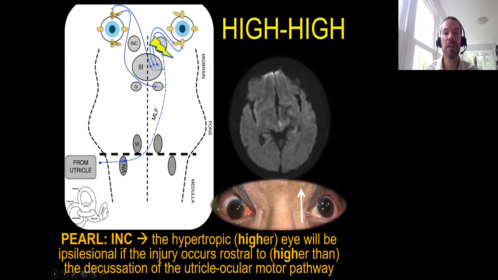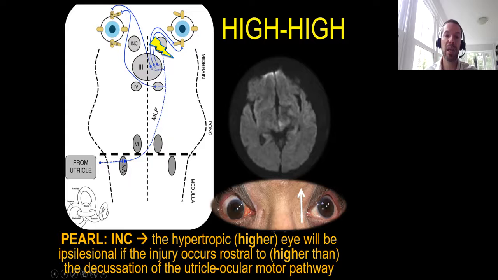And likewise, it's extremely rare to have a skew deviation in the absence of any other ocular motor features due to an MLF lesion. If you have a skew deviation where the right eye is still the lower eye, the left eye is the higher eye.